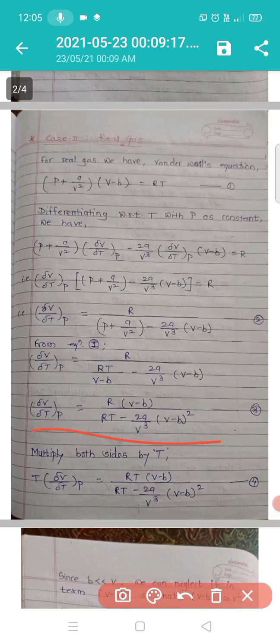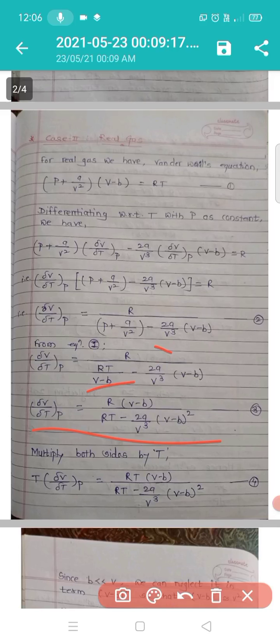Then we get (∂V/∂T) at P = R(V − b) / [RT − 2a/V³ (V − b)²].